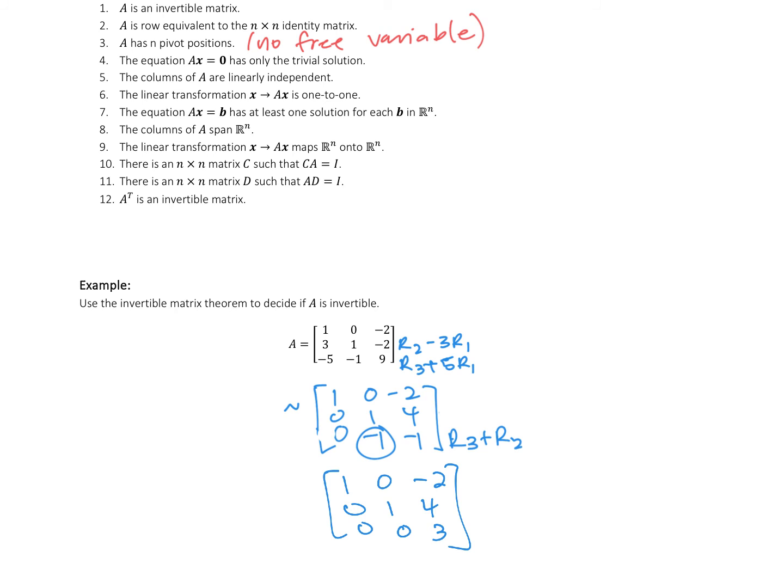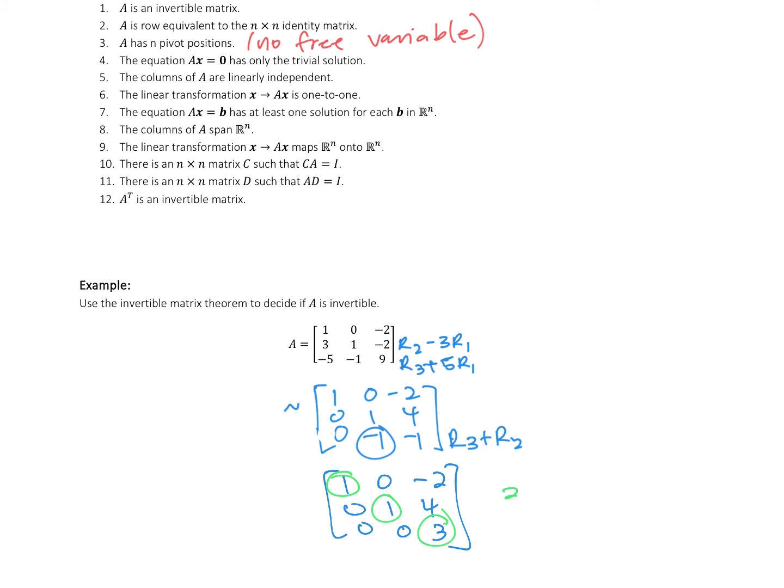I don't have to go any further because as you can see, in this first row, here's my leading entry. There's no other leading entries in that row. So that's a pivot column. This one, there's my leading entry. And this one, there's my leading entry. There's no way to get rid of that 3 without causing other things to appear in the matrix.